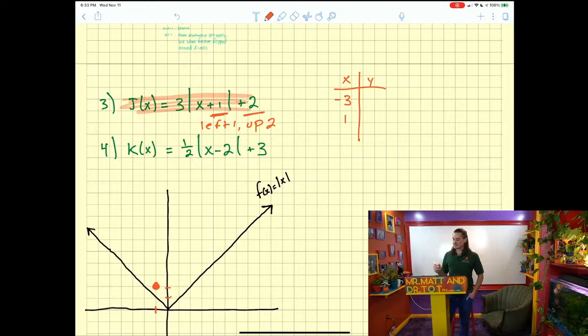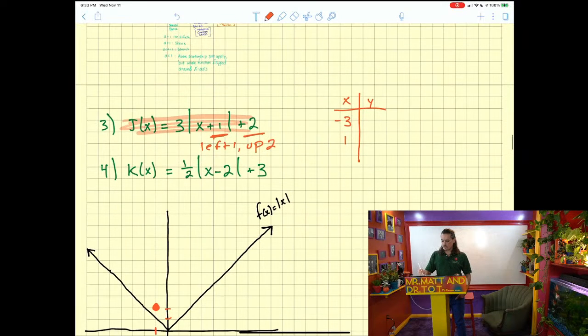Substituting negative 3 into the function, 3 times the absolute value of x plus 1, quantity plus 2. In other words, j of negative 3 is 3 times the absolute value of negative 3 plus 1, quantity plus 2. So we have 3 times the absolute value of negative 2 plus 2.